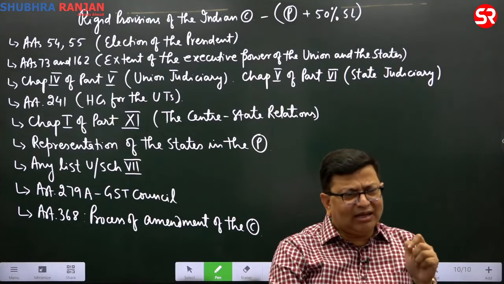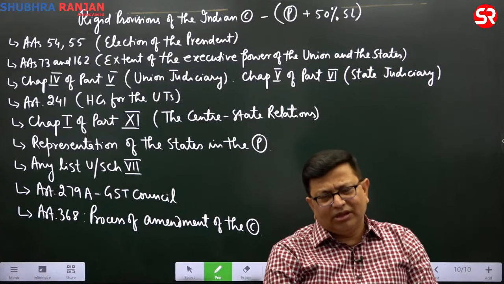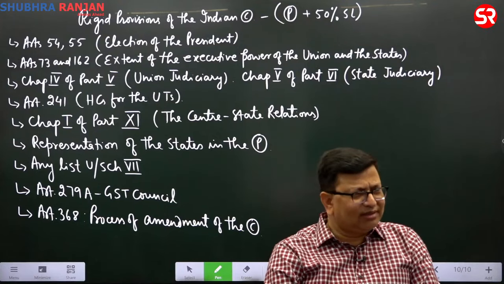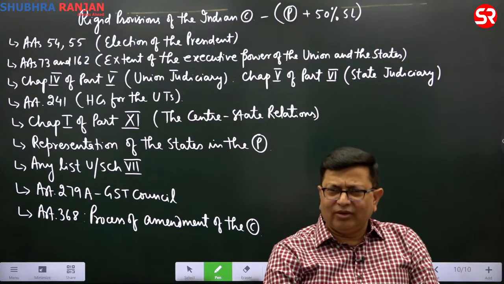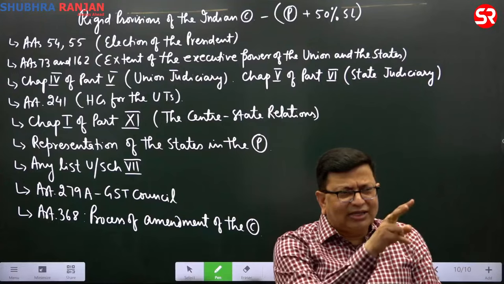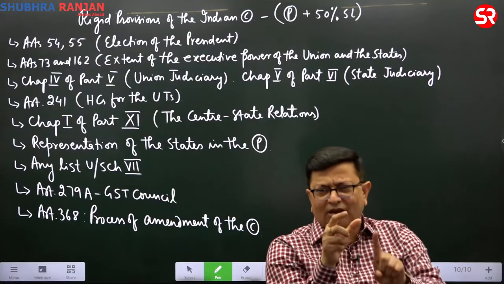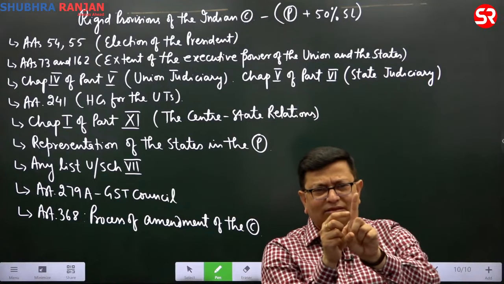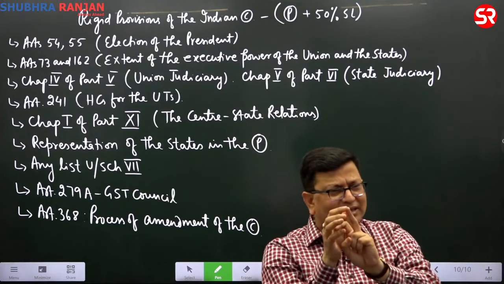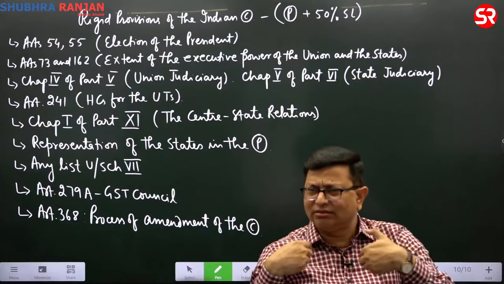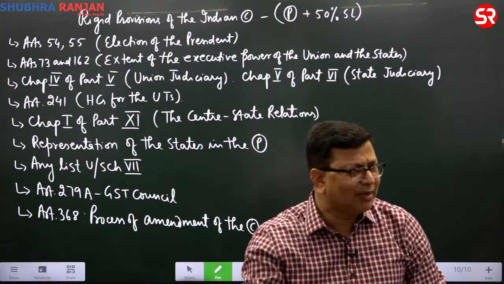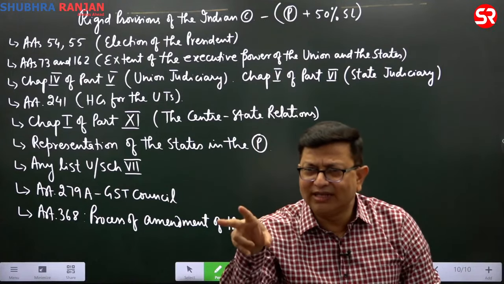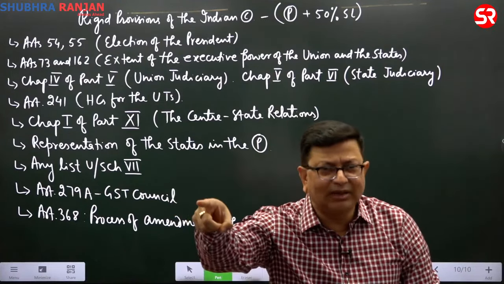Suppose the NDA comes to power and feels, oh, Tamil Nadu, Kerala, they never vote for us. What we can do is increase 2 seats each from UP, Madhya Pradesh, Chhattisgarh, Rajasthan, because they vote for us, and cut short 2 to 1 seats from Kerala, 1 from Tamil Nadu.